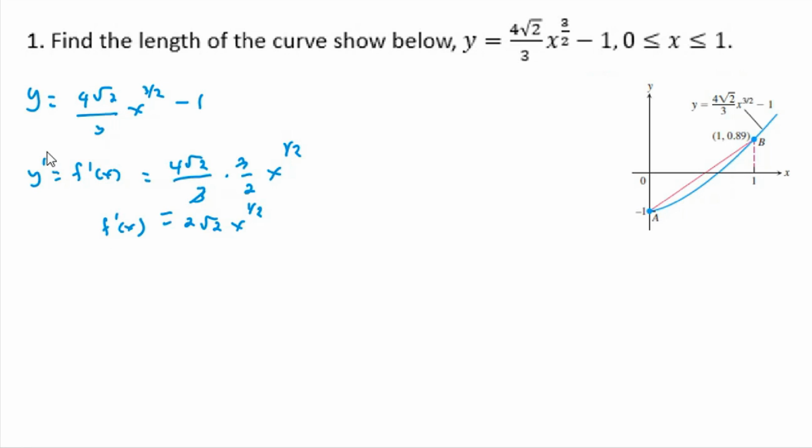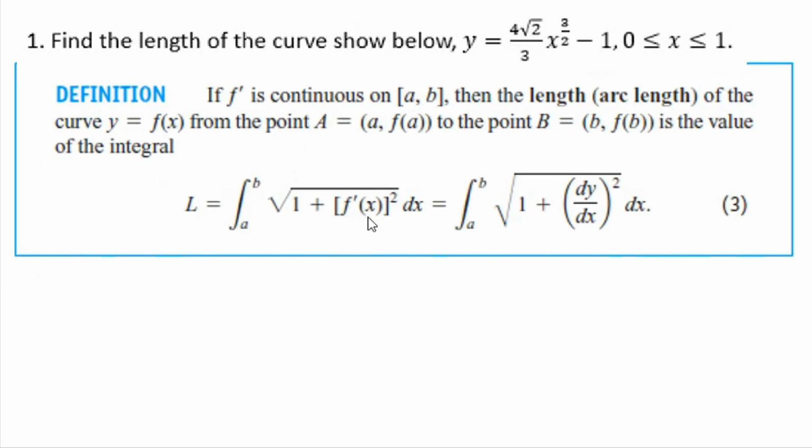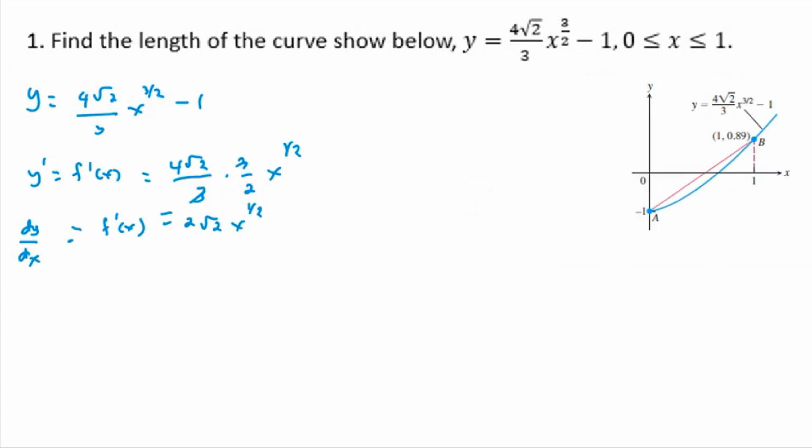Then after we know the first derivative, we are going to take the square of the derivative. I can write that as dy over dx. If I'm going to follow this formula, instead of writing the square of f prime of x, I can also use the square of dy over dx.